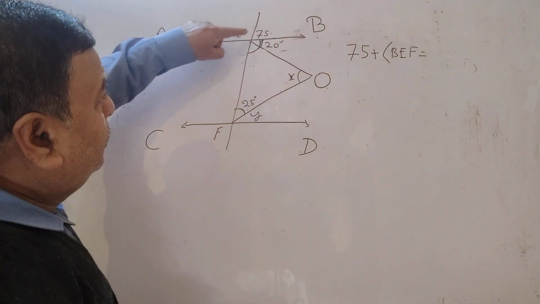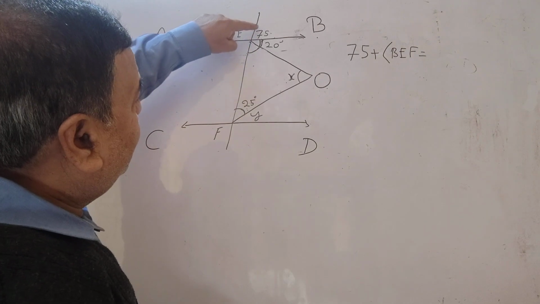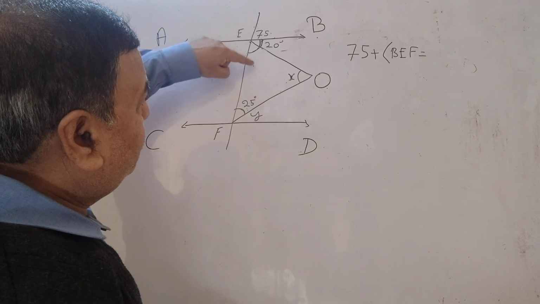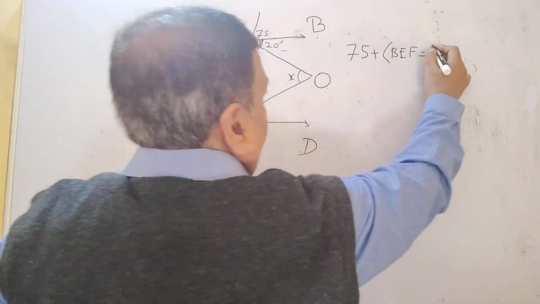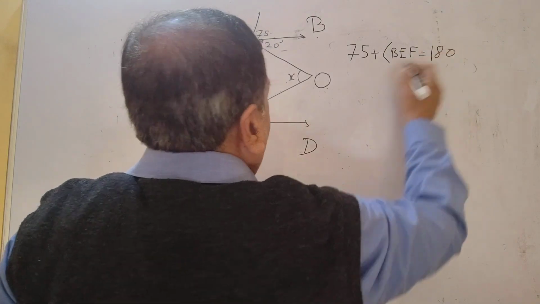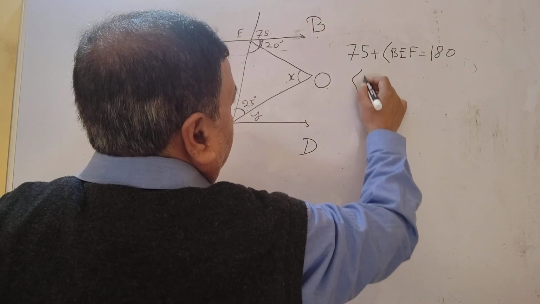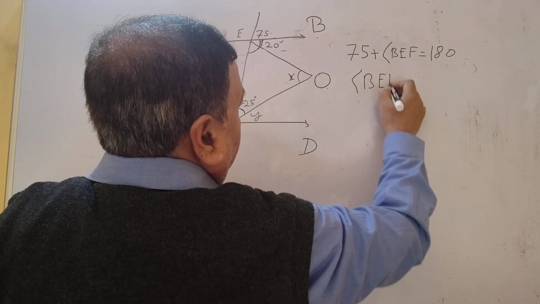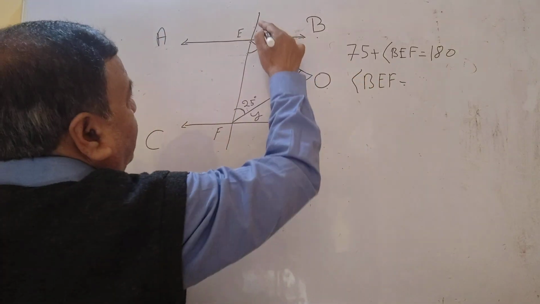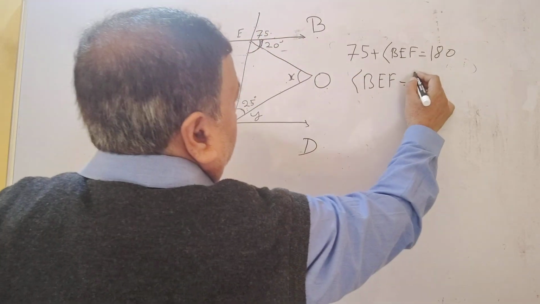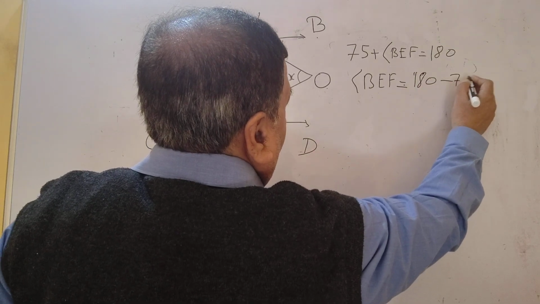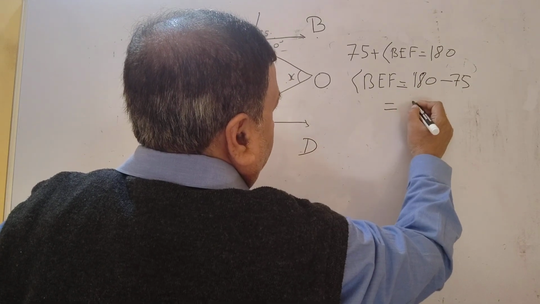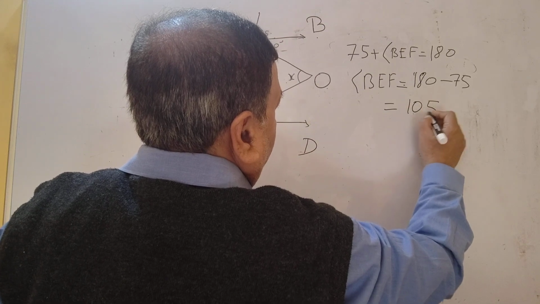Very clearly, these two angles are linear pair. So this will make 180. दोनों मिलके 180 होगा. So this will be 180. Out of which this is 75. तो ये पूरा कितना होगा? So this will be 180 minus 75, which is 105.